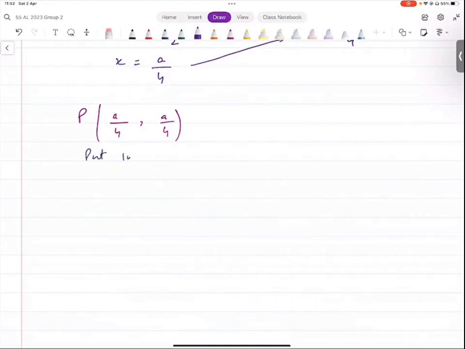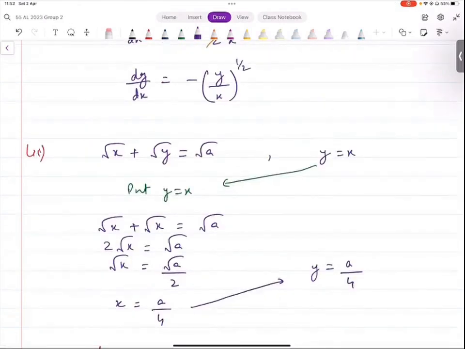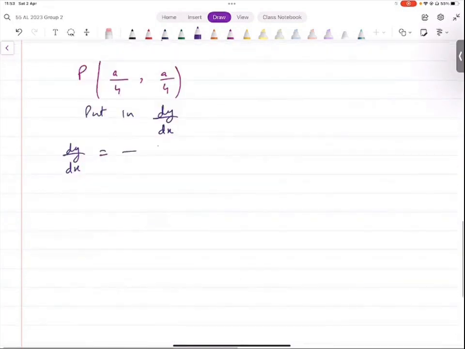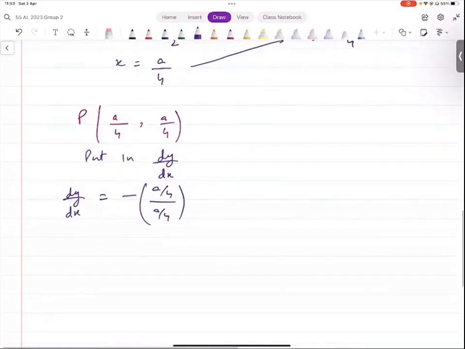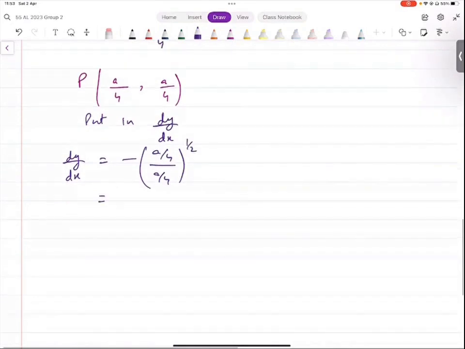Put this point P in dy over dx. उसमें जाके input कर दें. dy over dx equals minus y over x का whole square root, minus a over 4 divided by a over 4, square root of this. अंदर cancel हो गया सब कुछ. minus 1 का square root which is just minus 1. So the derivative is minus 1.